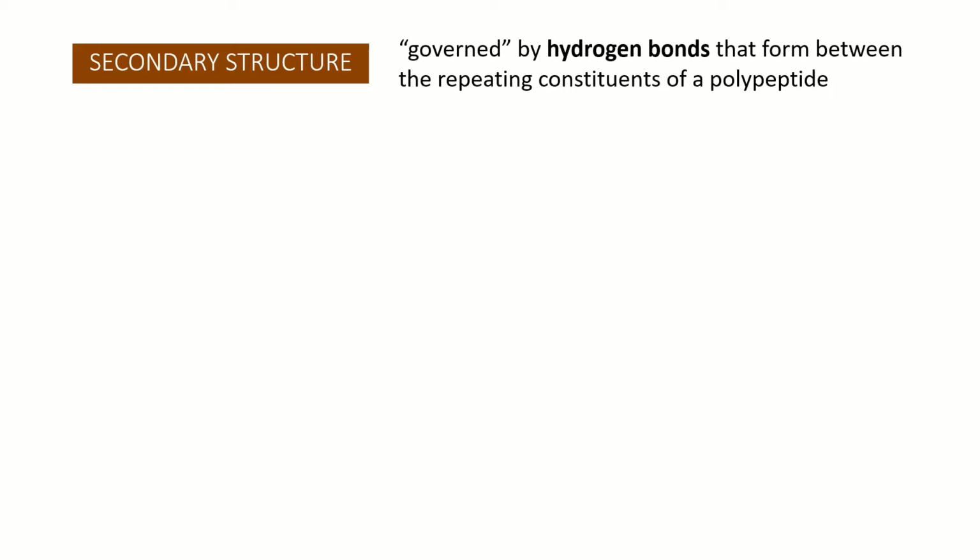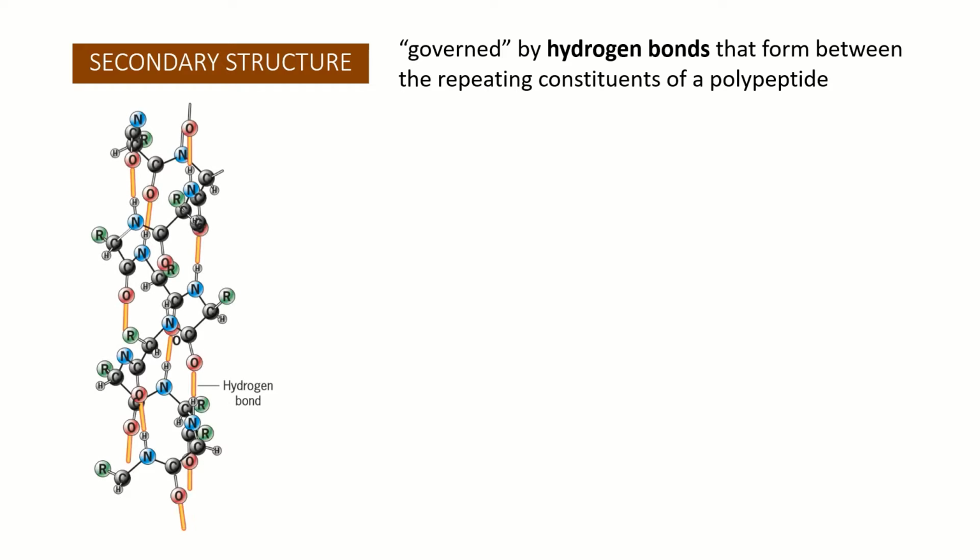Then, because there are certain portions of the amino acid that are polar in nature, secondary structures of proteins can also be formed. And this is due to the formation of hydrogen bonds between the different amino acids along the polypeptide chain.